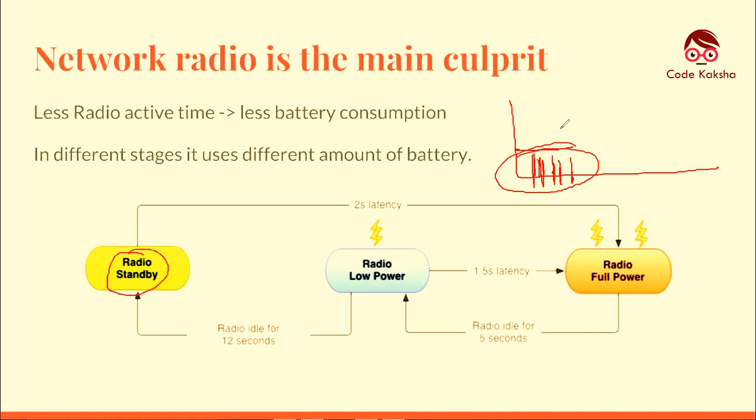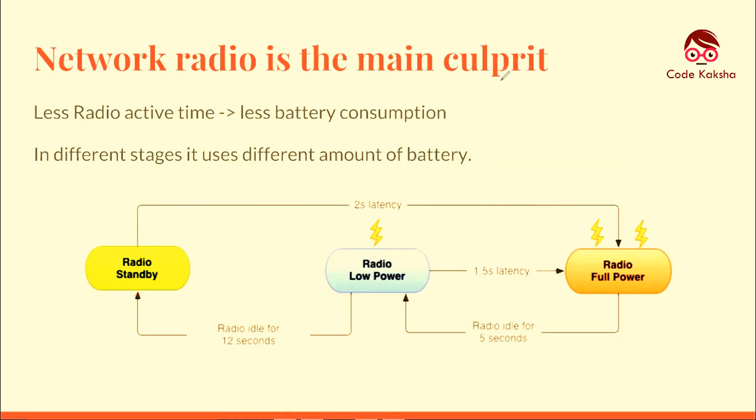So that means our radio is continuously consuming battery. But if we are making larger network requests, but after longer periods, that means we will give more time to our network radio to be in sleep mode, and thus reducing the battery, right?